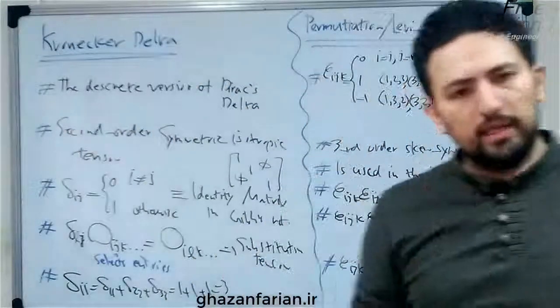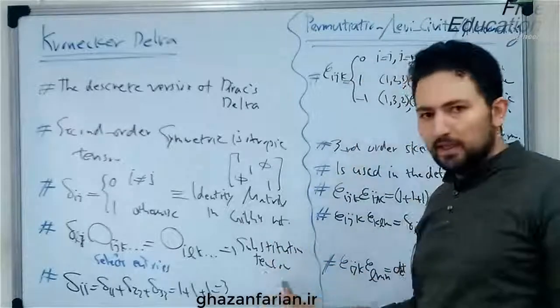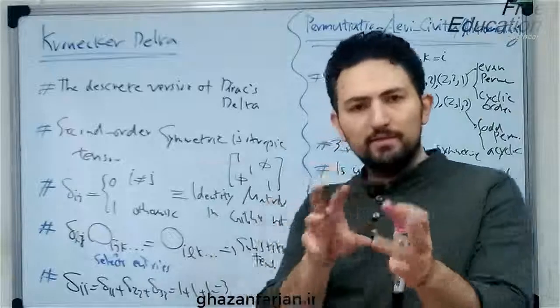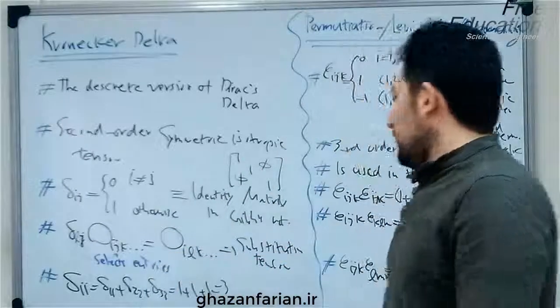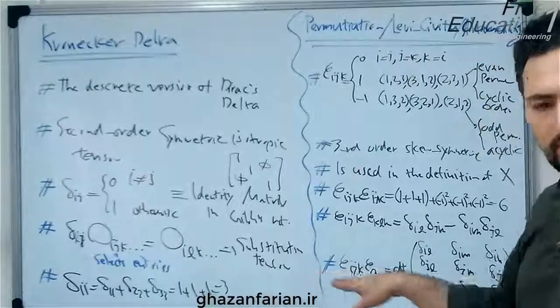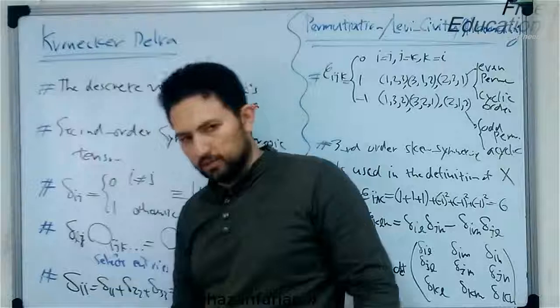So another name of the Kronecker delta is the substitution tensor, because its duty is to substitute one index instead of another. You can easily perform this substitution procedure, like what I did, to any other tensor.